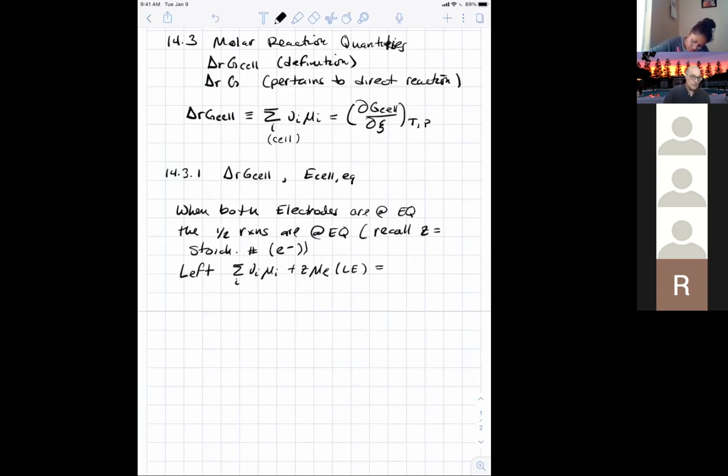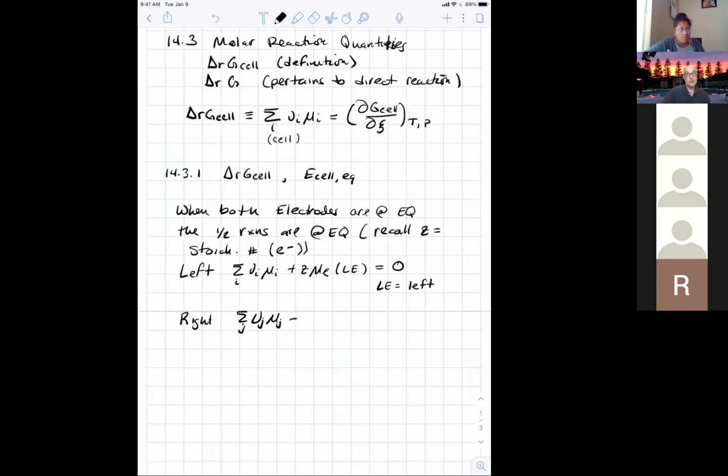So I'm going to use the I label for the left-hand electrode, and LE means the left electrode. On the right-hand side, I'm going to use a J label, just so we can differentiate these if we want to.